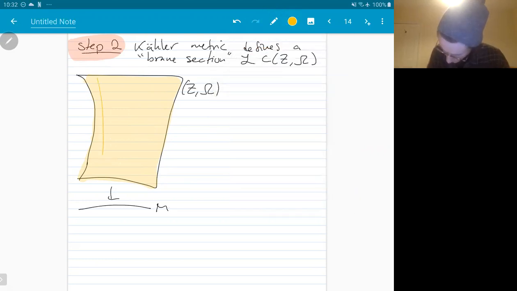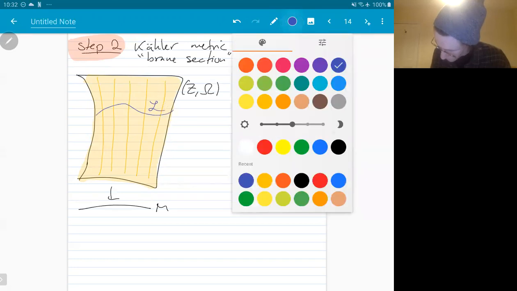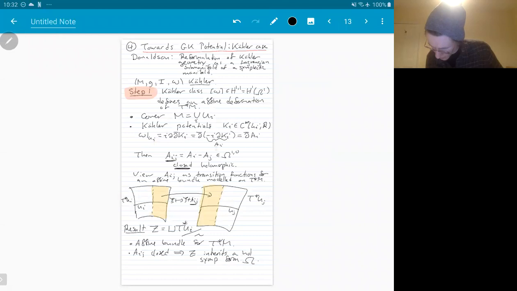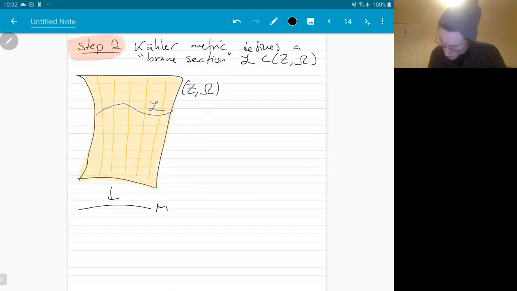It has these kind of vertical fibers. And we want to define a section of the projection. So the way that we do that, well, remember, we had these AIs. So we have the AIs, which is locally minus I dki.